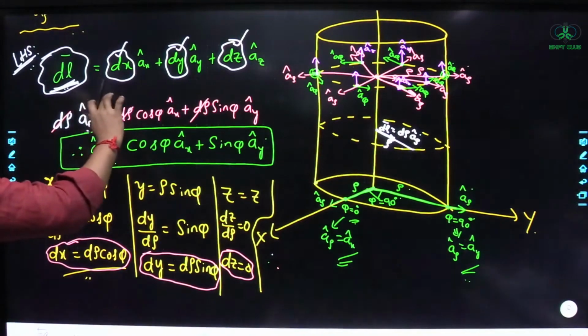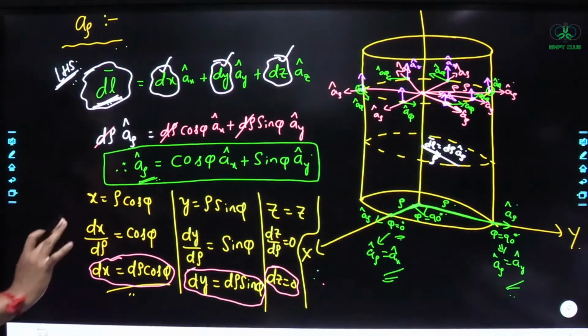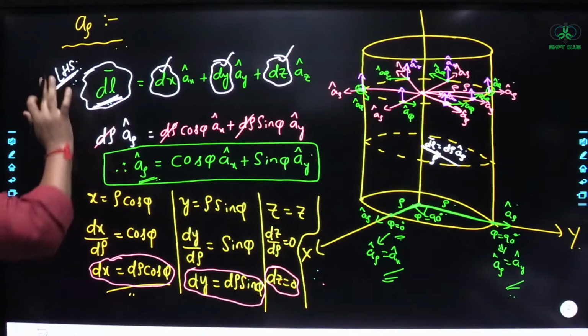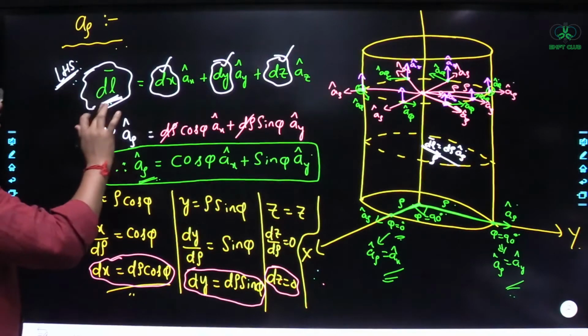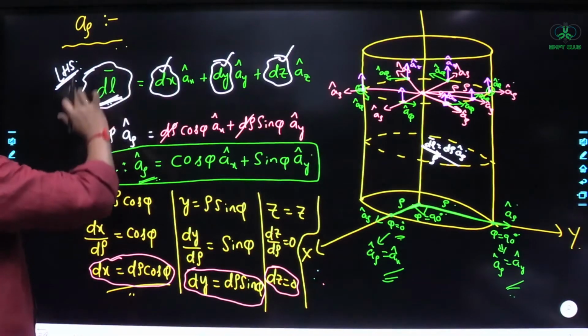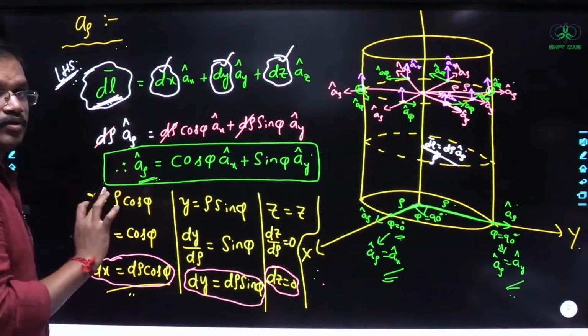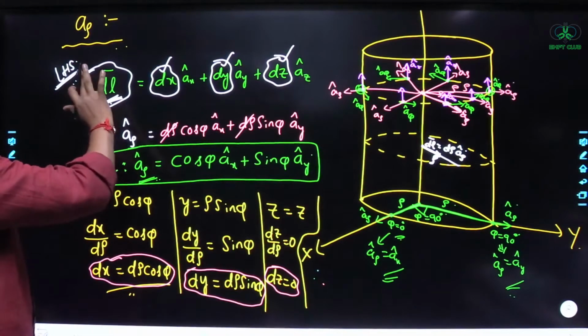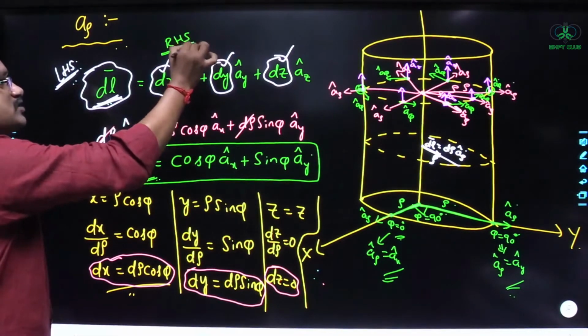What we have done here: we have written the differential length in the rectangular coordinate system. Then on the LHS side, we have determined the differential length by varying only rho, and we got it as d rho a rho cap. Whatever operation we have done on the LHS side, the same operation you have to do on the RHS side also.